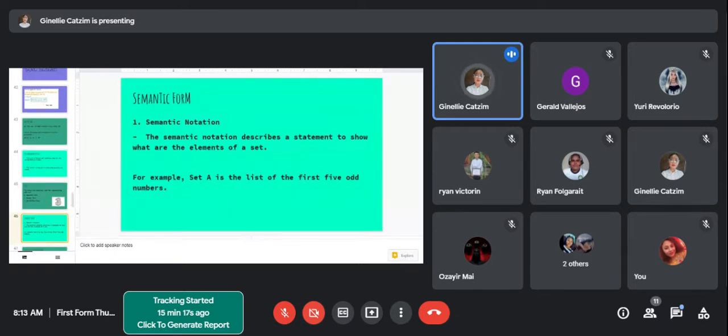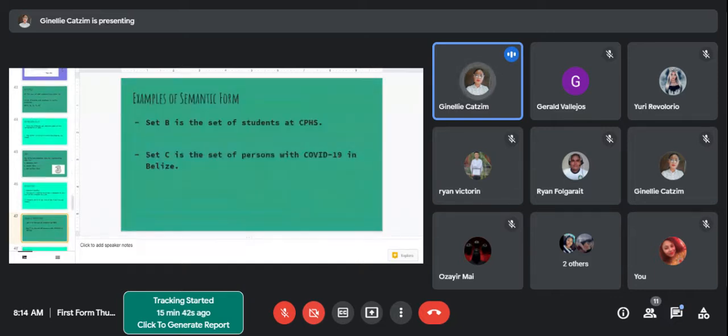The first one is the semantic form. The semantic notation describes a statement to show what are the elements of a set. This is just like the one I gave you, right? We have, for example, set A is the list of the first 5 odd numbers. Because it is a description, it is called the semantic notation, right?